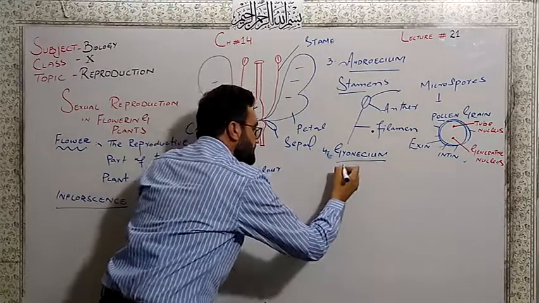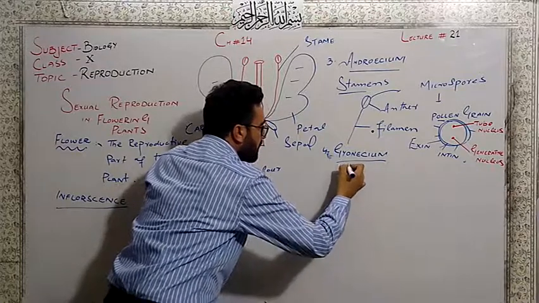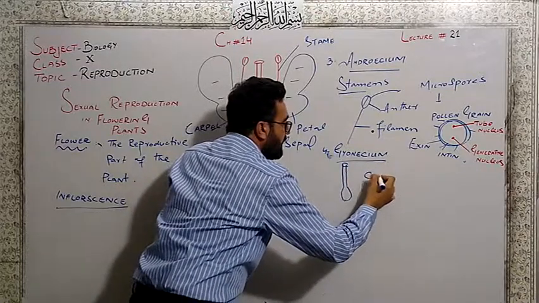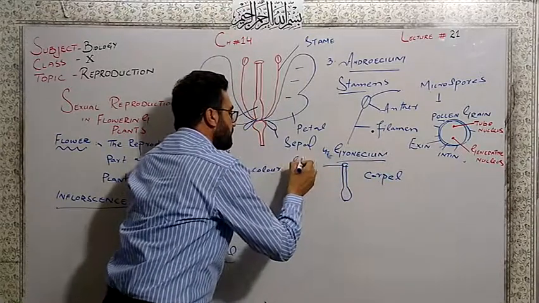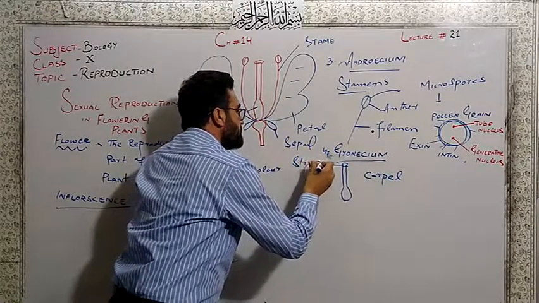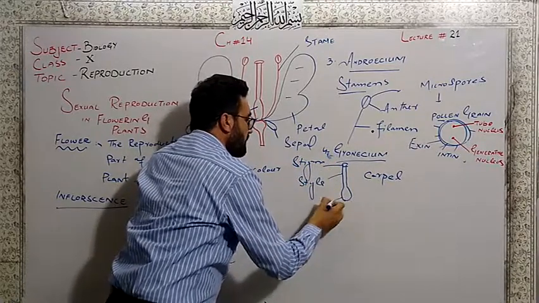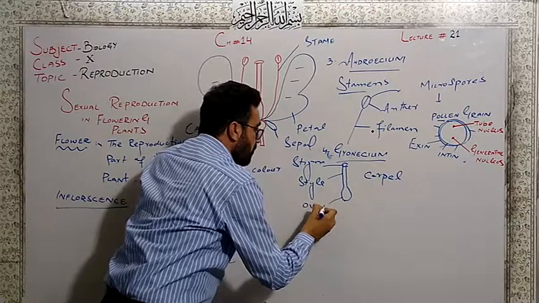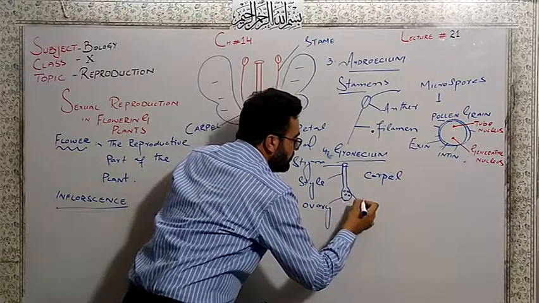Each carpel is a flask-shaped structure, and it has three parts: stigma, style, and ovary. And the ovary consists of ovules.